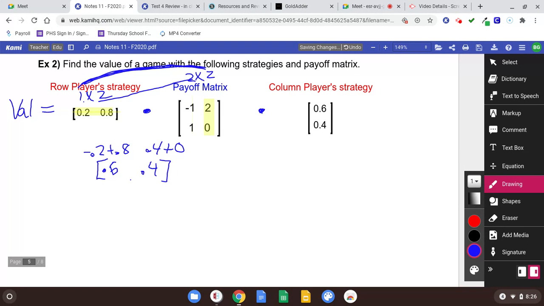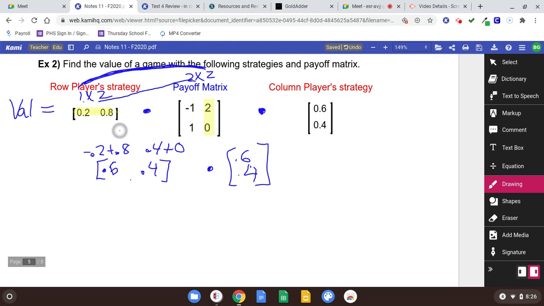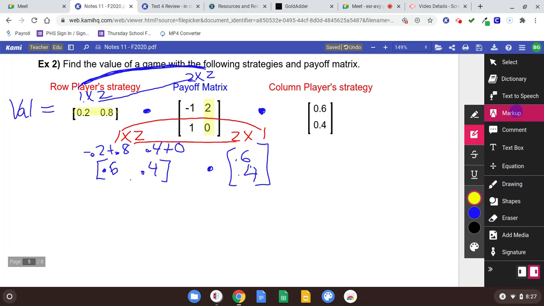Now what I'm going to do is take this multiplication times the column that I was given, 0.6, 0.4. And notice the size. You have a 1 by 2 times a 2 by 1. These two numbers have to match, and the result is going to be a 1 by 1.